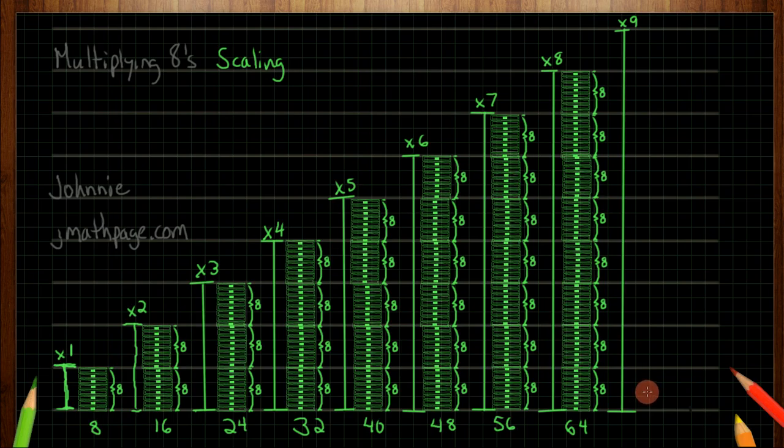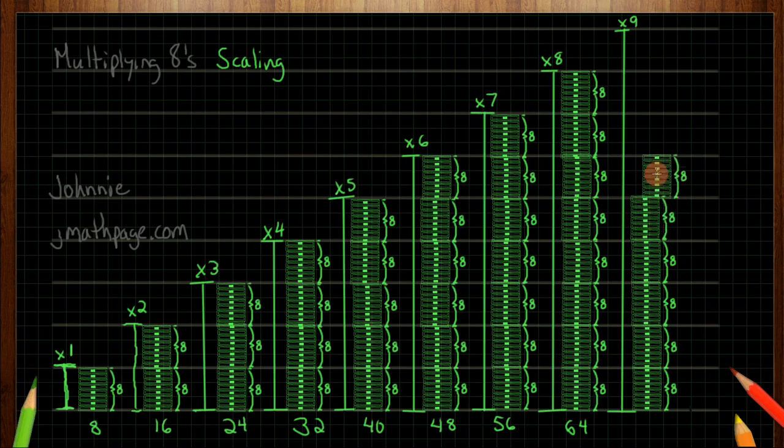Let's do one more giant stack. 9 this time. 1, 2, 3, 4, 5, 6, 7, 8, 9 stacks of 8 boxes. What a tall, tall stack of boxes. Hope it doesn't fall over. How many boxes are there altogether?